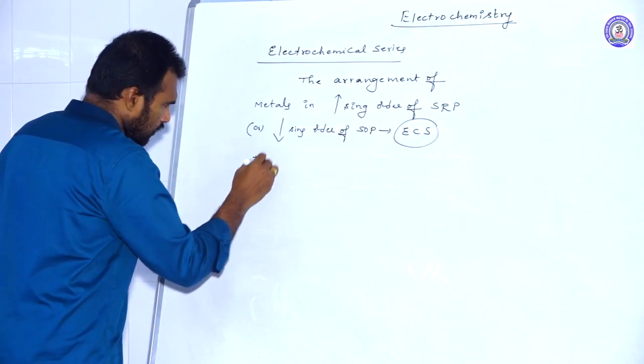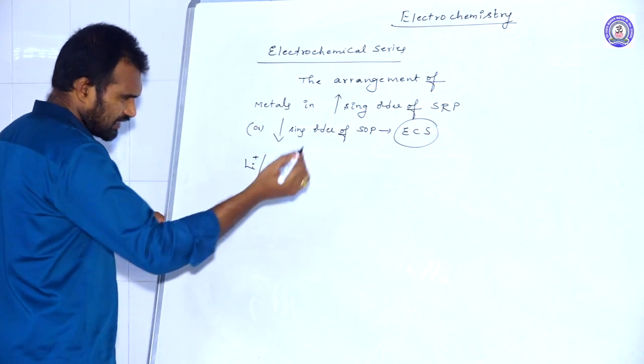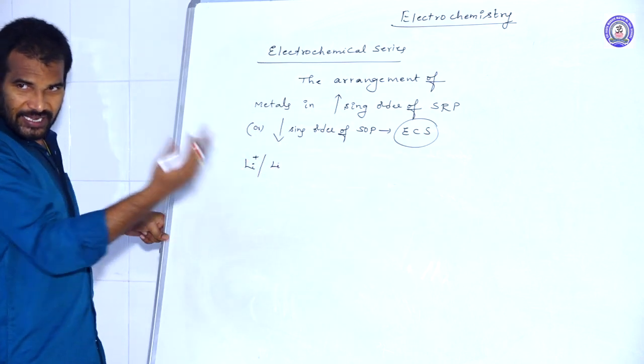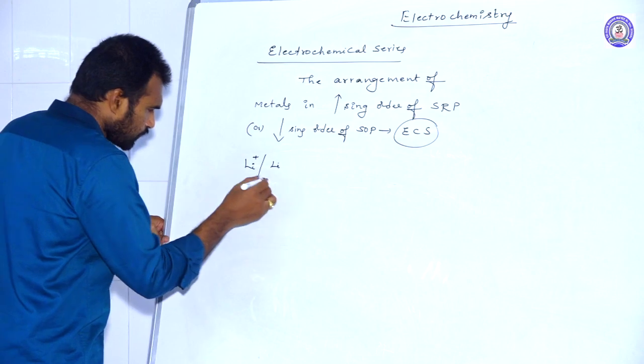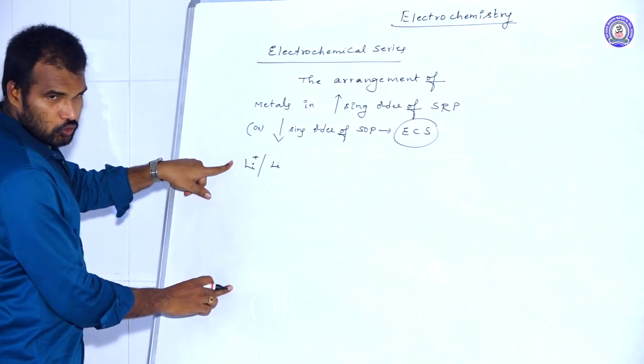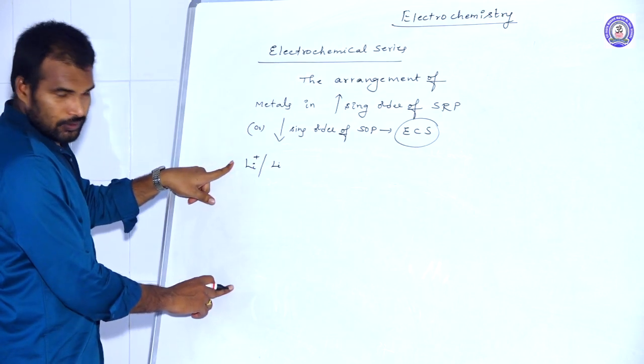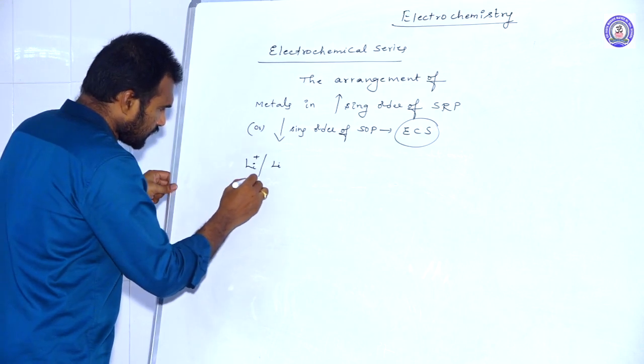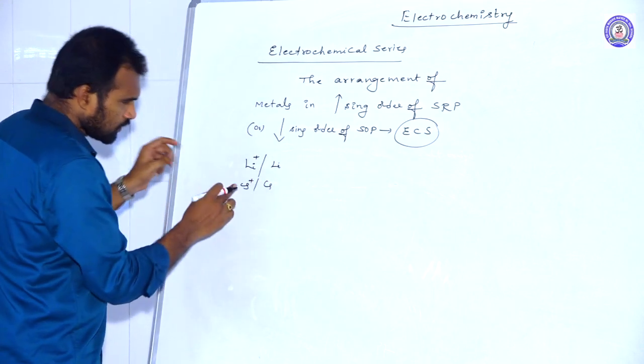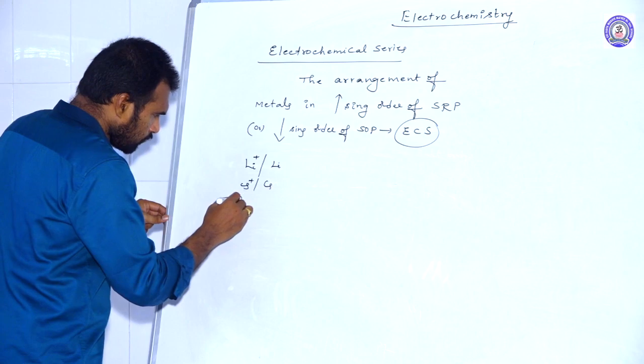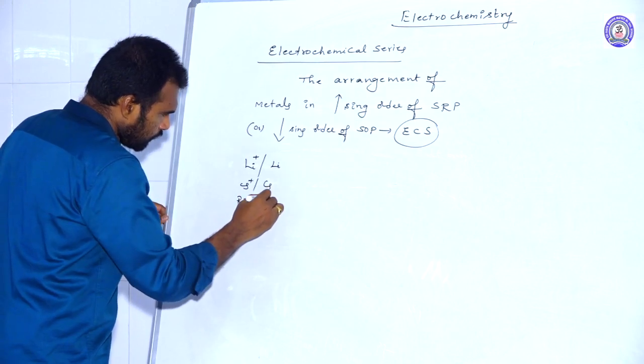Lithium plus ions to lithium, SRP values, that is by reduction, gaining of electrons. Next, all 1A group elements and 2A group elements will come first. So after lithium, cesium plus to cesium. Next, rubidium plus to rubidium.